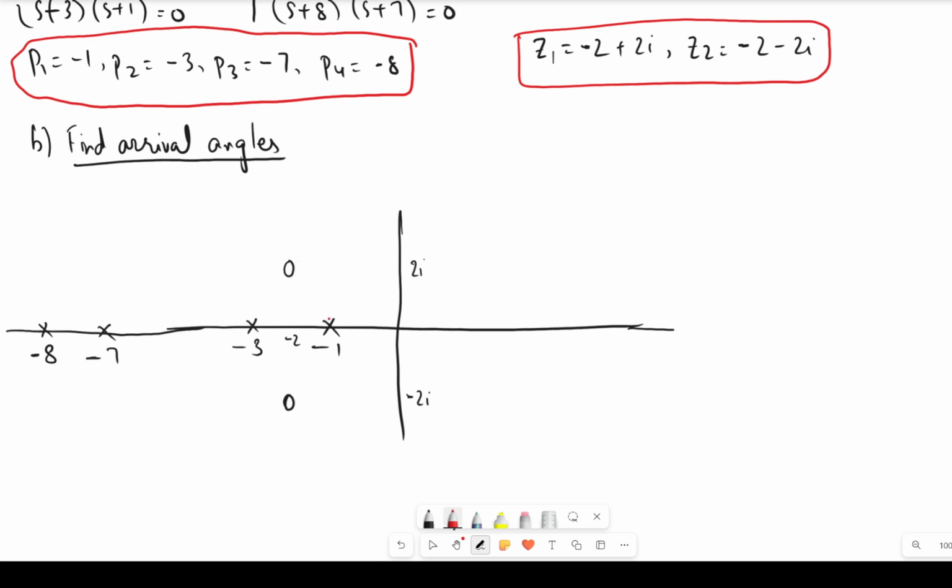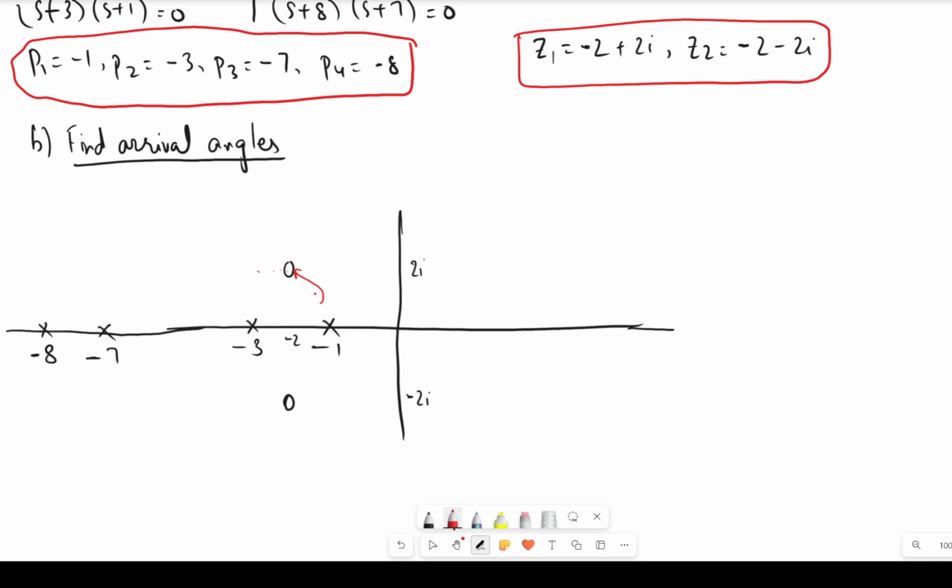For example, this pole might come like this, which means this is somewhere around 45 degrees. Similarly, it can also end like this. If I ask you the angle of this, it's some negative angle, which means -45 degrees.